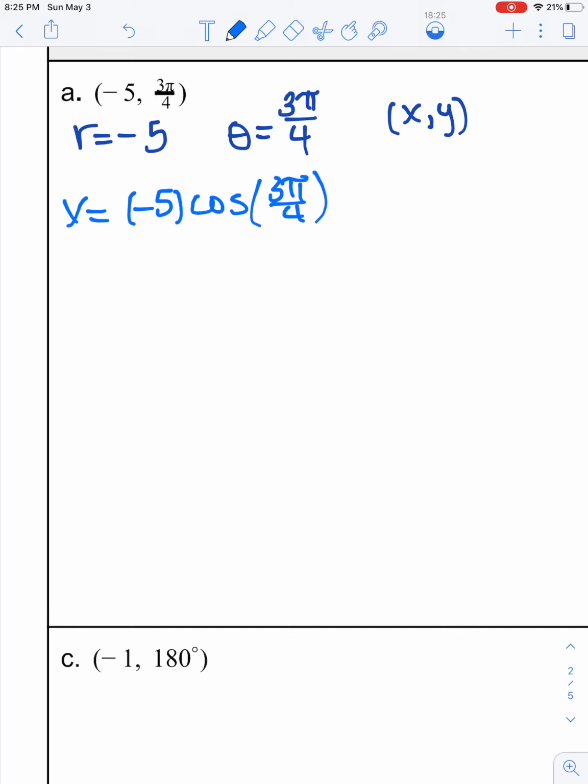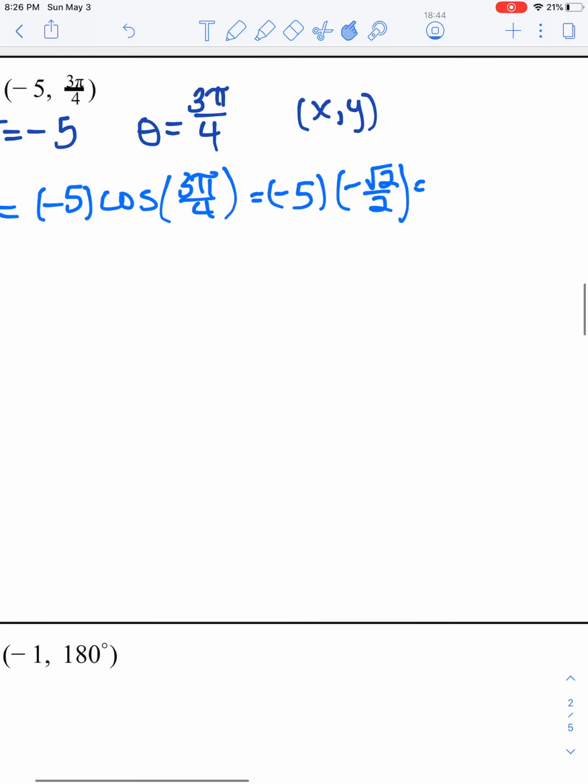We know from our work with the unit circle that cosine of 3 pi over 4 is equal to -√2 over 2. So we have -5 times -√2 over 2. We have negative times negative, which will give us a positive. They give us a positive 5 √2 over 2.